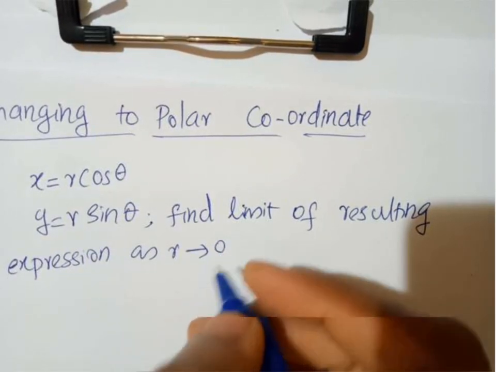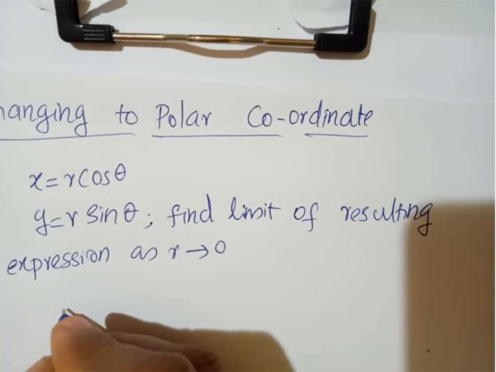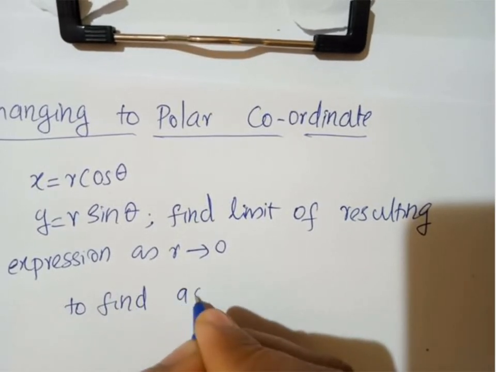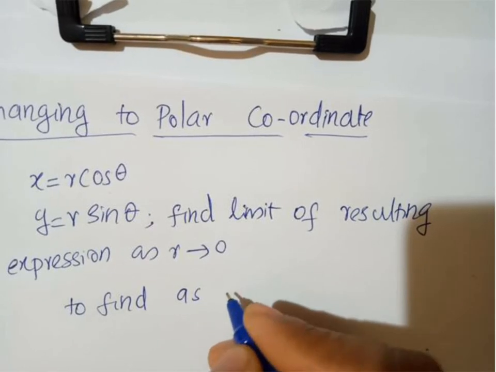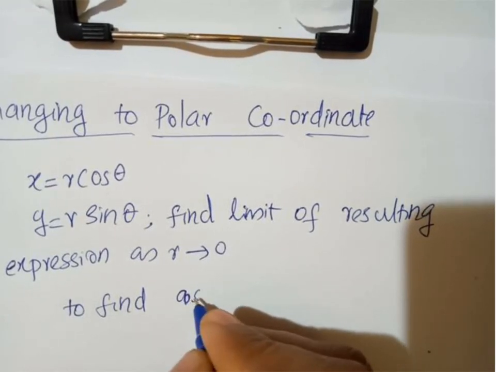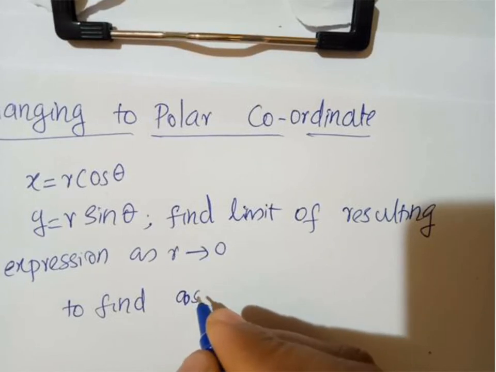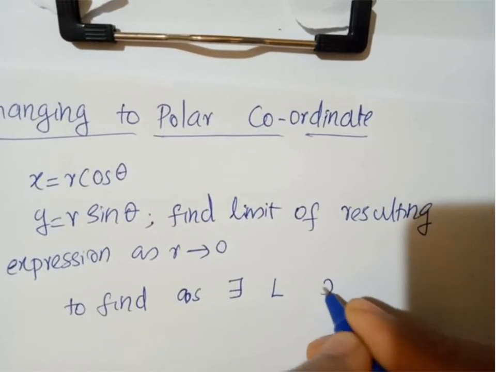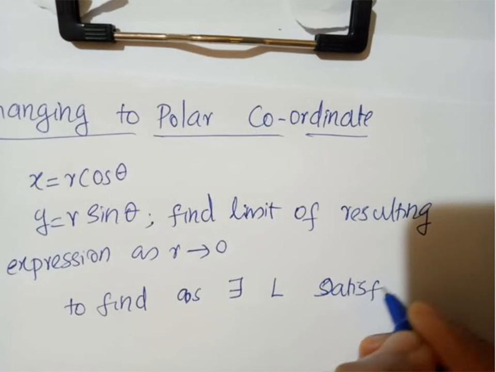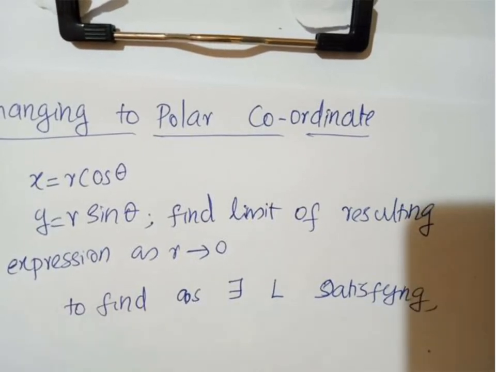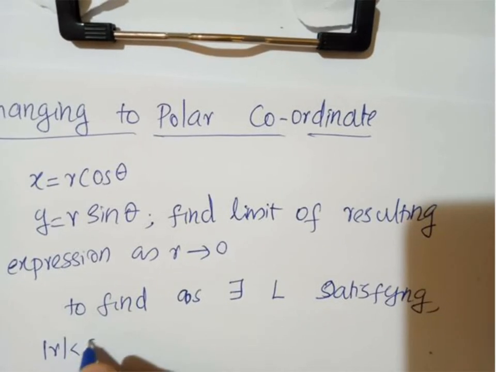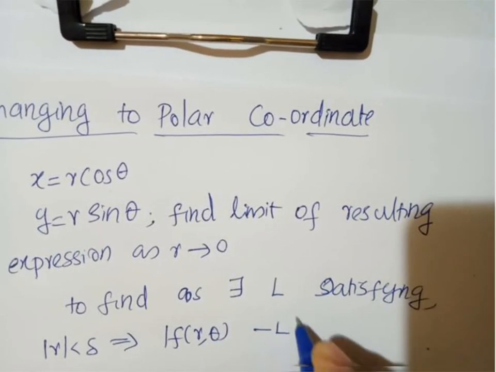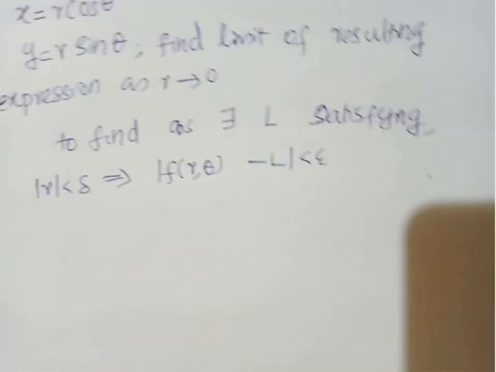That is, we have to decide whether there exists a number L satisfying the following: |r| < delta implies |f(r, theta) - L| < epsilon.